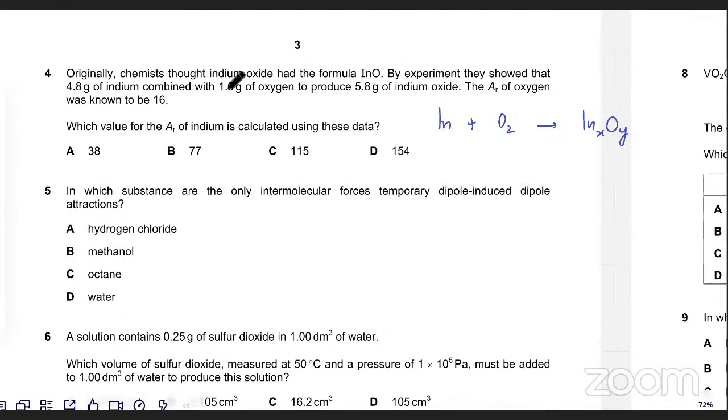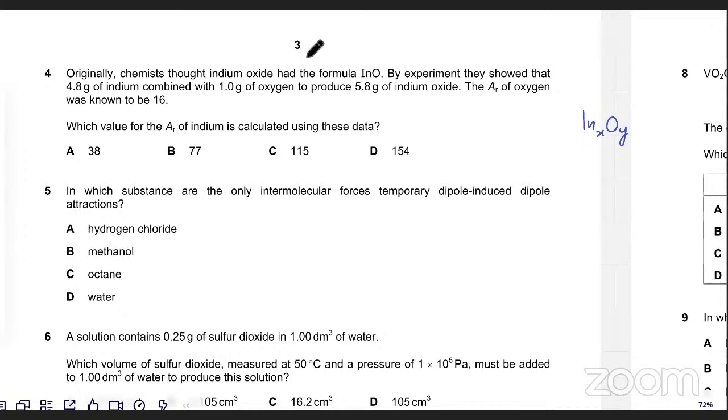What they've given us is that there is 4.8 grams of indium, so the moles can be found out. Better still, actually, forget all of this. Forget the equation. Let's do it the empirical formula way. Basically, what we need is to figure out what the empirical formula is.